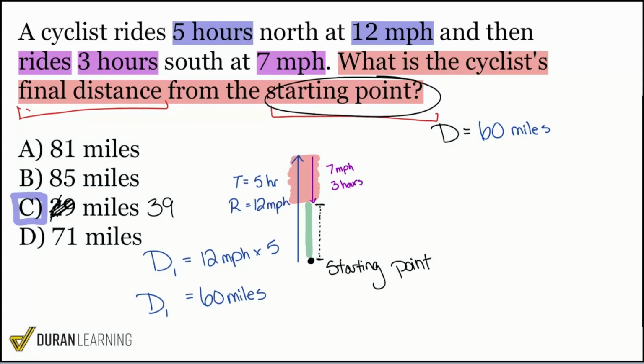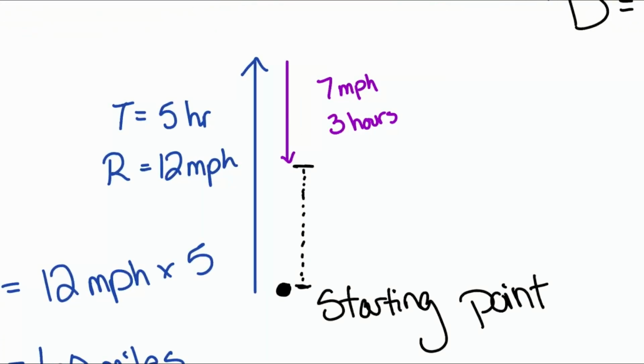Now, let me erase the highlighting here so I can show you again why we're going to be subtracting. Because, everybody, let me go ahead and make it super straightforward here. Let's pretend that we're just taking steps. Everybody, if I took 10 steps forward and then 3 steps back, where would I end up?